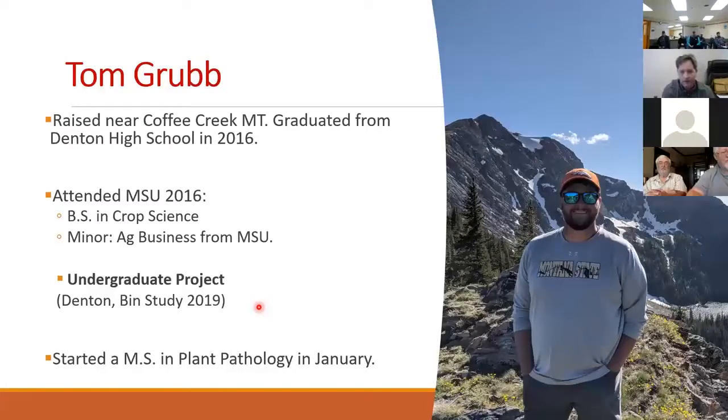And what he had found with that bin seed survey down in the Denton area, looking at bin seed from his neighbors, was that 80% of your bin seed is contaminated with Cochliobolus sativus, common root rot pathogen, spot blotch pathogen. And 30% of the seed itself is infected in those batches. So it's a very common thing, and it would kind of explain why common root rot is so common.